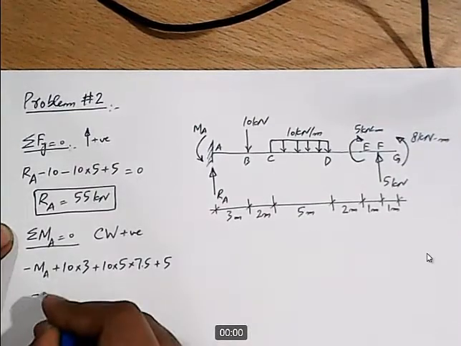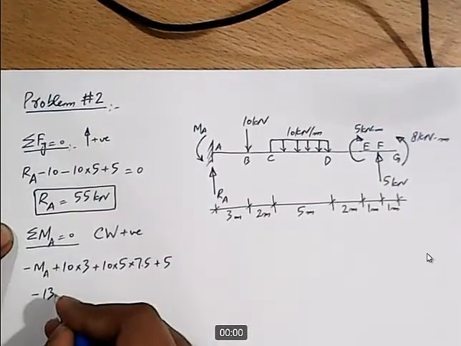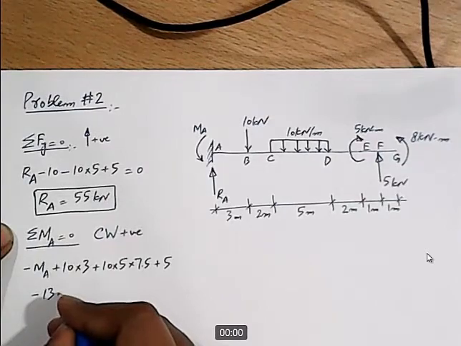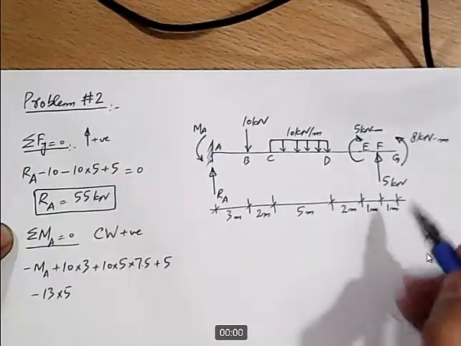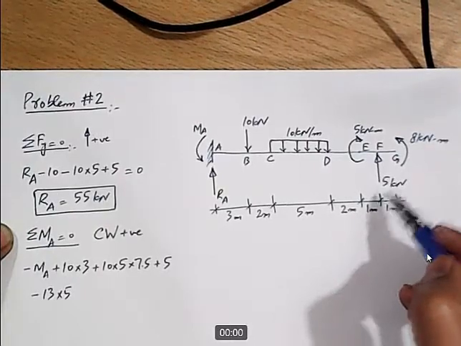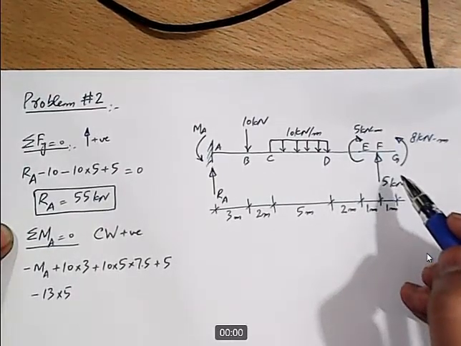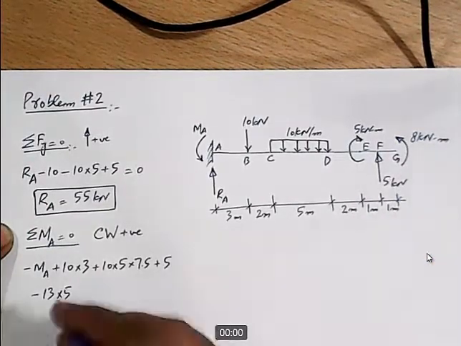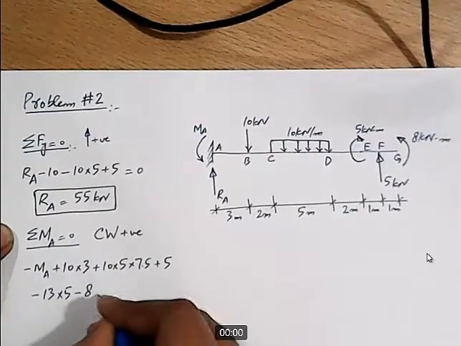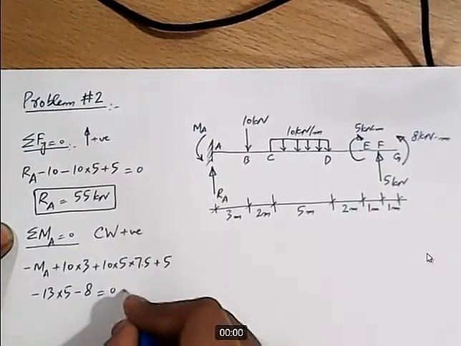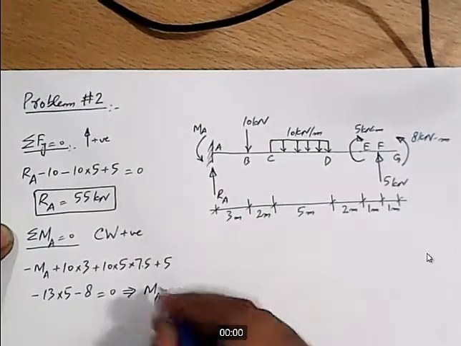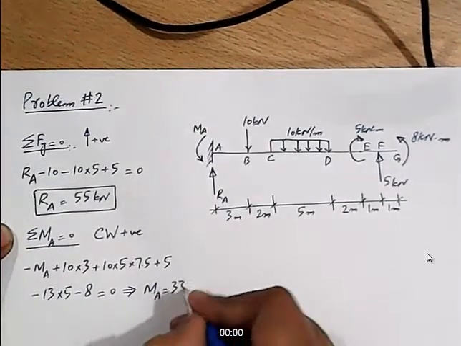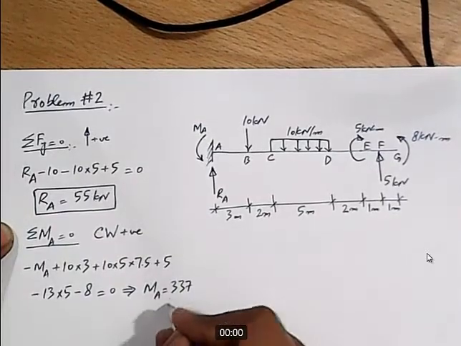So minus 13 into 5, or 5 into 13, and then we have the last moment, which is minus 8, because it's counterclockwise, and that is equal to 0. So if we solve this equation, we'll get the value of MA, and MA comes out to be 337 kilonewton meter.